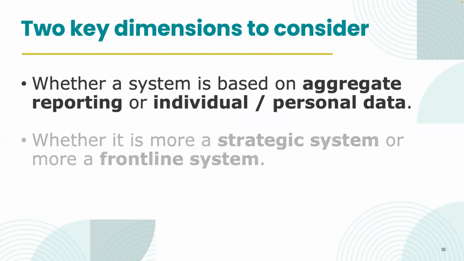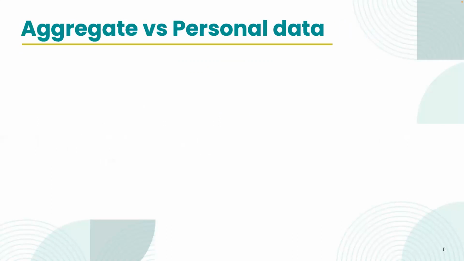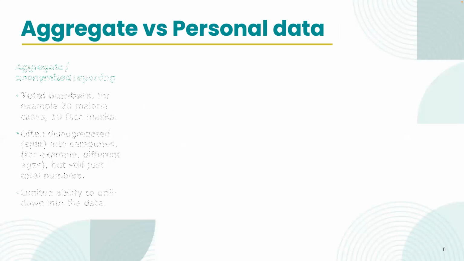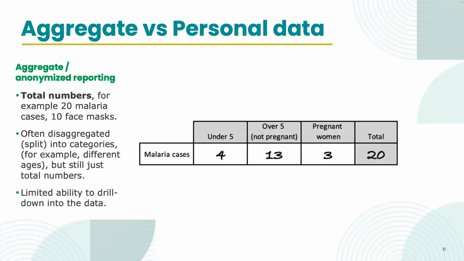So just starting with the first question, aggregate versus individual personal data. This is a really important thing to consider with information systems. With aggregate, what we're talking about is just total numbers. So for example, with malaria cases, you'll just see 20 malaria cases. It might be disaggregated, and by disaggregated, we mean split into different categories.